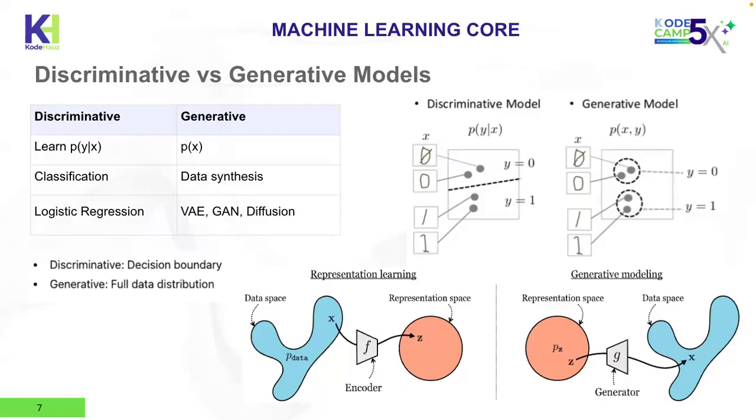So that you can generate new data that fits into that same distribution. That's basically what that is. So discriminative is learning the probability of y given x, while generative is learning the probability of x, right? Discriminative is used for classification, while generative is used for data synthesis. Discriminative is used for logistic regression, while generative is used for a bunch of things.